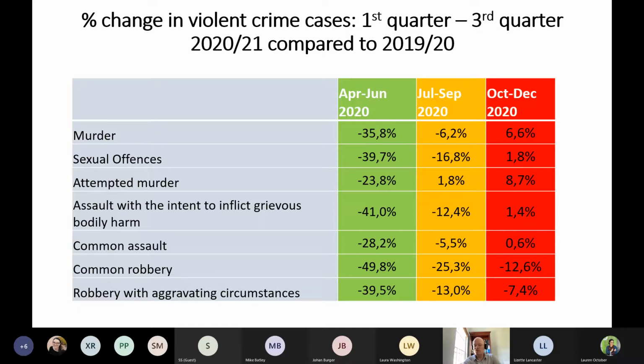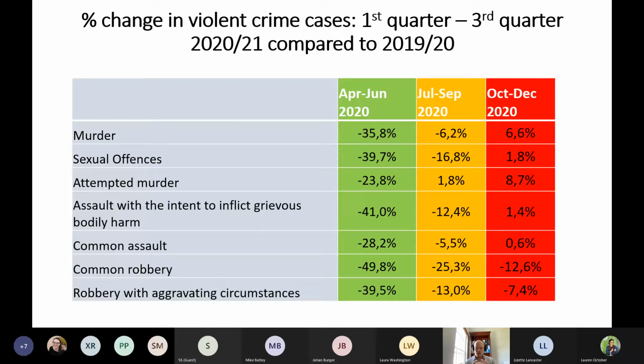Then we went into lesser restrictions between July and September, and then even further lifting of the lockdown restrictions in the October to December period. If one were to label these periods, the green, April to June, could be hard lockdown, the orange could be lockdown medium, and the red could be lockdown light.